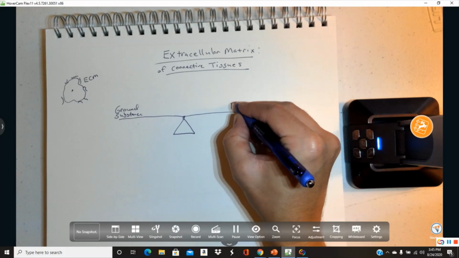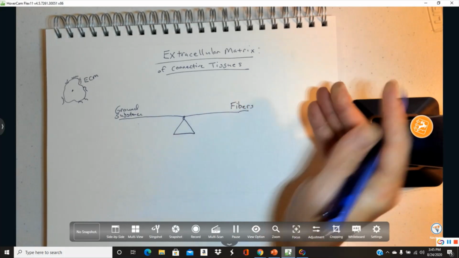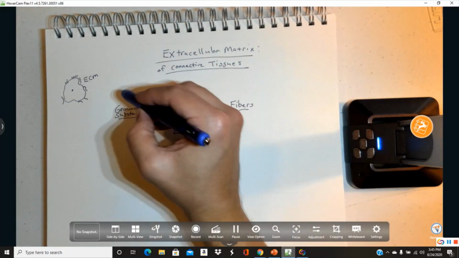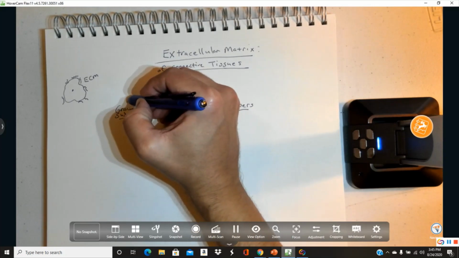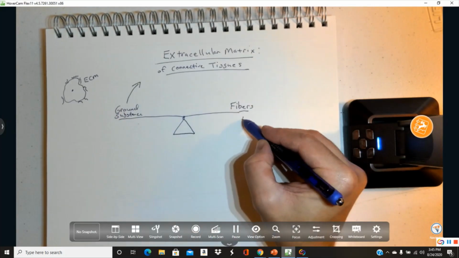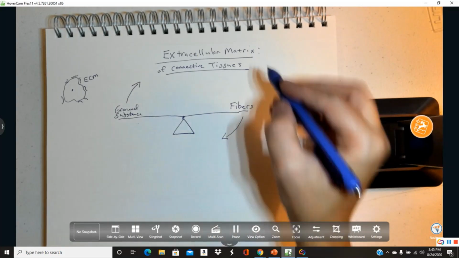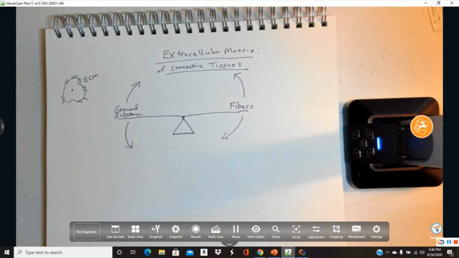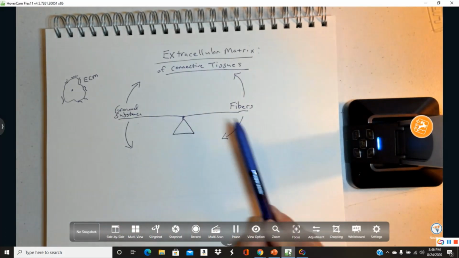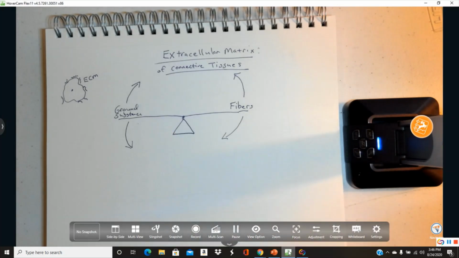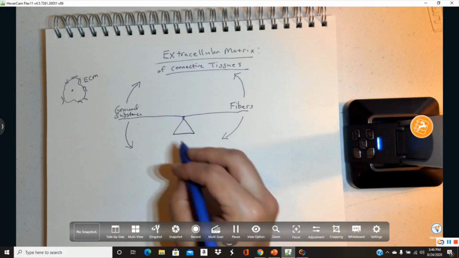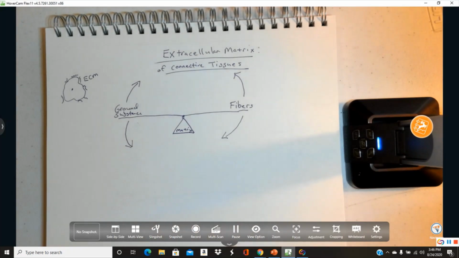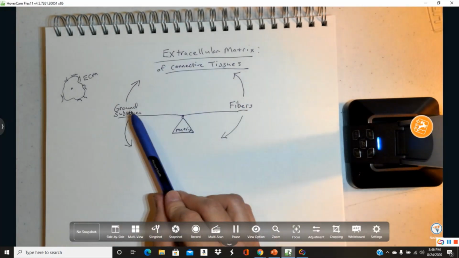The other friend riding the seesaw is fibers. Imagine that if a tissue was mostly ground substance, then there couldn't be very many fibers. And if a tissue was mostly made up of fibers, there wouldn't be very much ground substance. Anytime our seesaw moves, you have a new tissue. This is what makes the matrix. The matrix is a balancing act between ground substance and fibers.